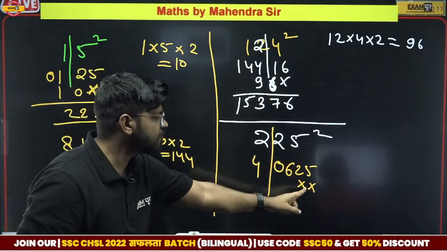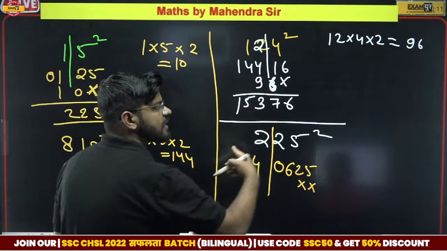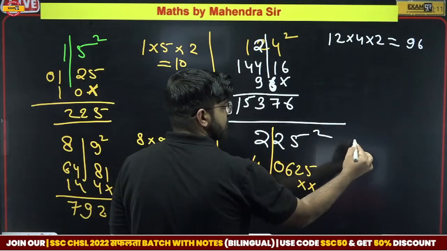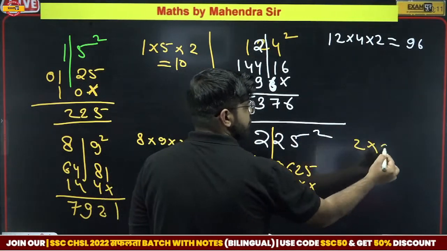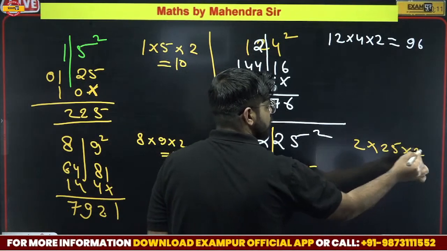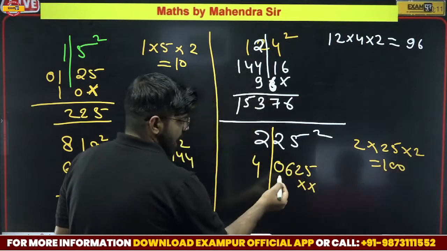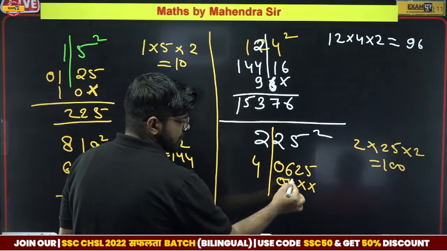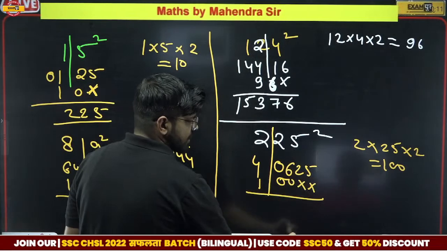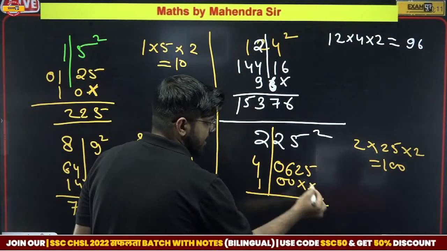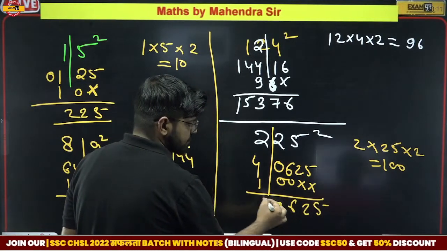For 2 digits, I have to write 2 cross here. All other things are the same: here we can see 2, we can see 25, again we can see 2. Just multiply, you will get 100. Add 100 here, so 2 zeros are here and 1 will be here. Add all these, you will get what?